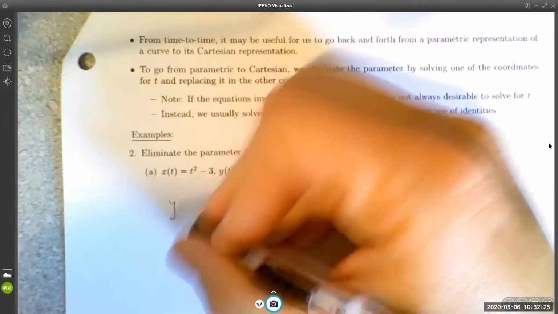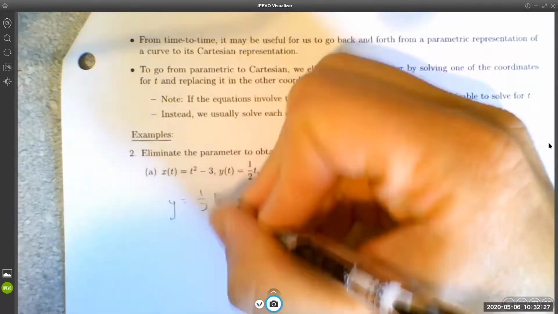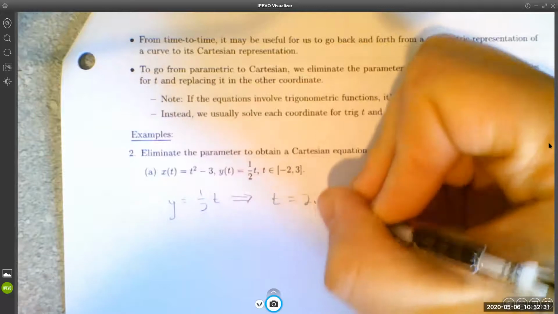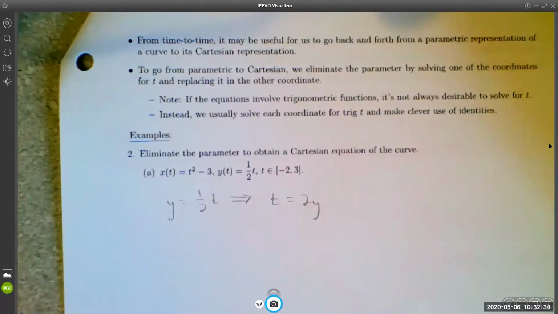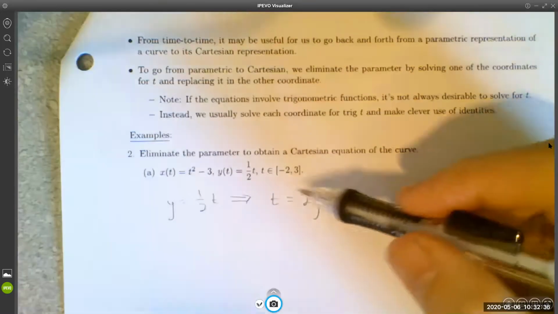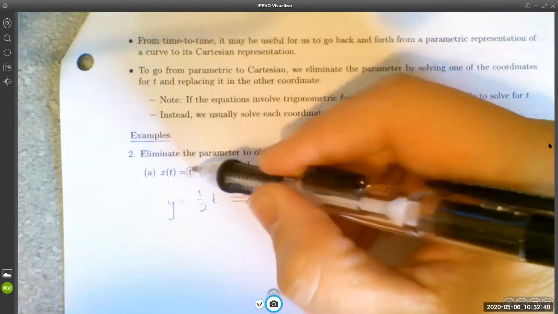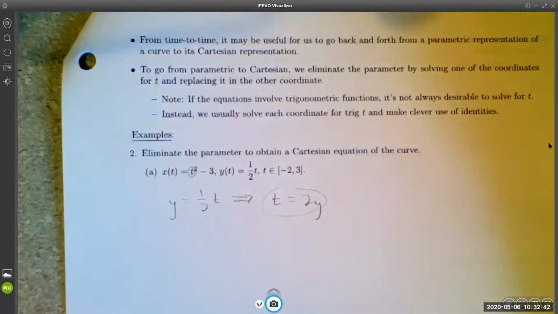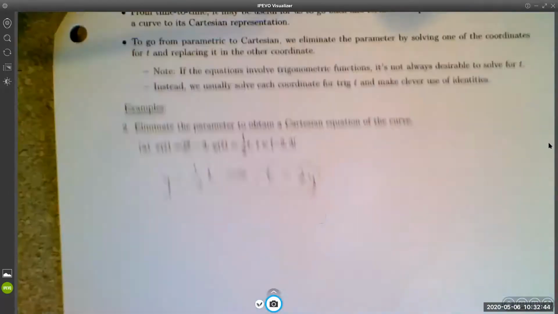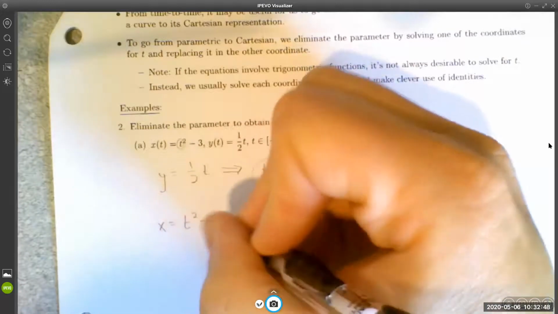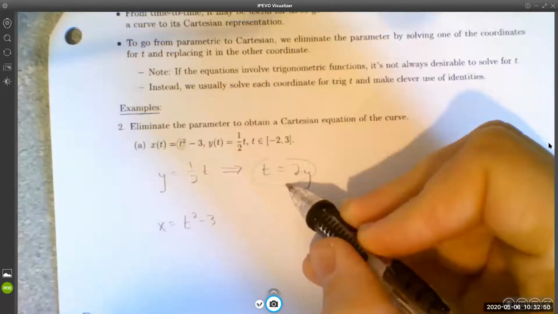So if y equals 1/2 t, then that means t equals 2y. And now I can take that and replace the t in my x equation with 2y, and that will eliminate my parameter. So x is t squared minus 3, but I just figured out that t is the same thing as 2y.